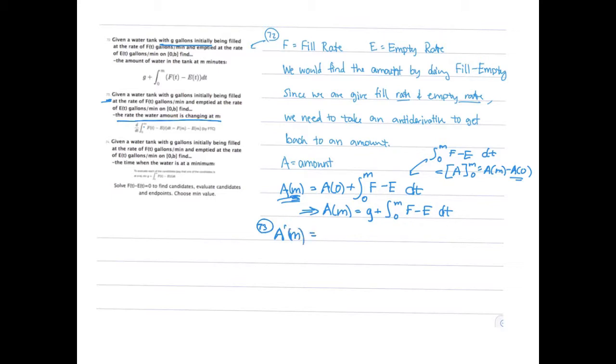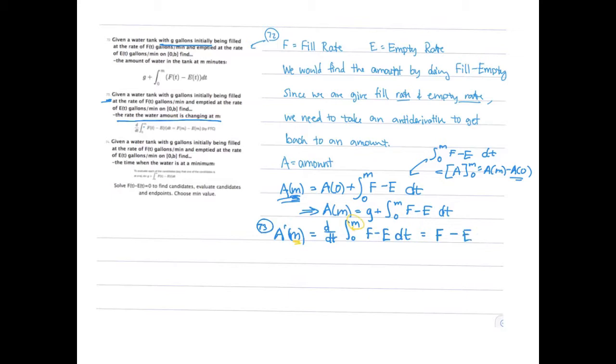And in A prime of M, the derivative of G, which is the constant, is going to be 0. Then we're taking the derivative with respect to time of this integral, and the derivative of the antiderivative brings us back to the function itself, which is just F minus E, and our variable here is M, right?